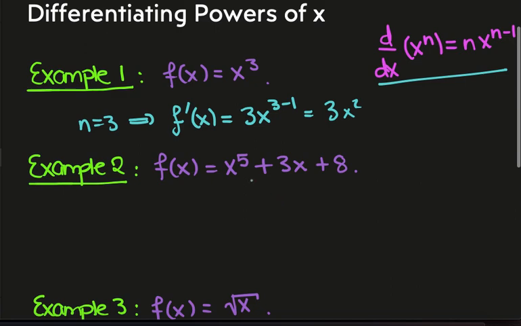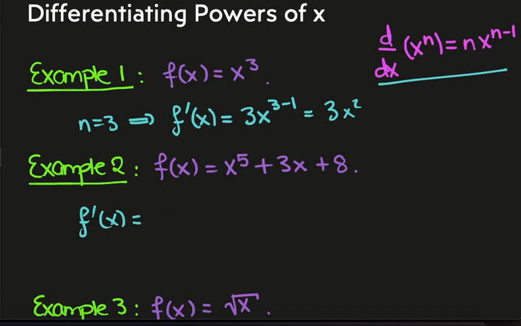Okay, let's look at a slightly more complicated example. Here we have f of x is equal to x to the 5 plus 3x plus 8. So here we can just differentiate each term individually and then add them together.